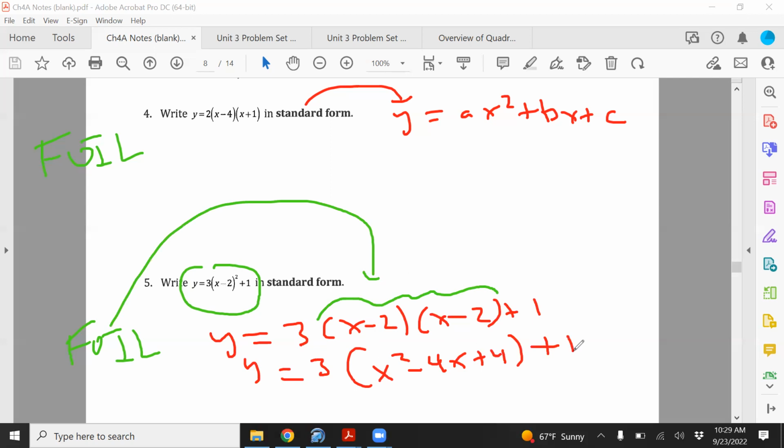Okay, make sure you guys are with me. I don't want to lose anybody. So x times x is x squared. x times -2 and -2 times x is -2x, -2x. That's -4x when you combine the middles. And of course, -2 and -2 is +4. So when you FOIL, you generate 4 terms, but the 2 middle ones are going to be like terms. -2x, -2x becomes -4x. Is that okay? We're okay with how I got that?